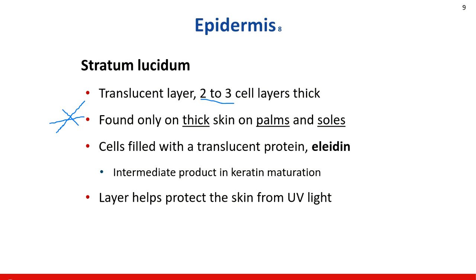Thick skin, excuse me, let me rephrase that. Thin skin has 4 epidermal layers. Thick skin has 5 epidermal layers. Okay, so another thing that we note in this layer is during the keratinization process, all right, the cells are producing this eleidin, all right, and it's just an intermediate product, all right, during that keratinization process there.